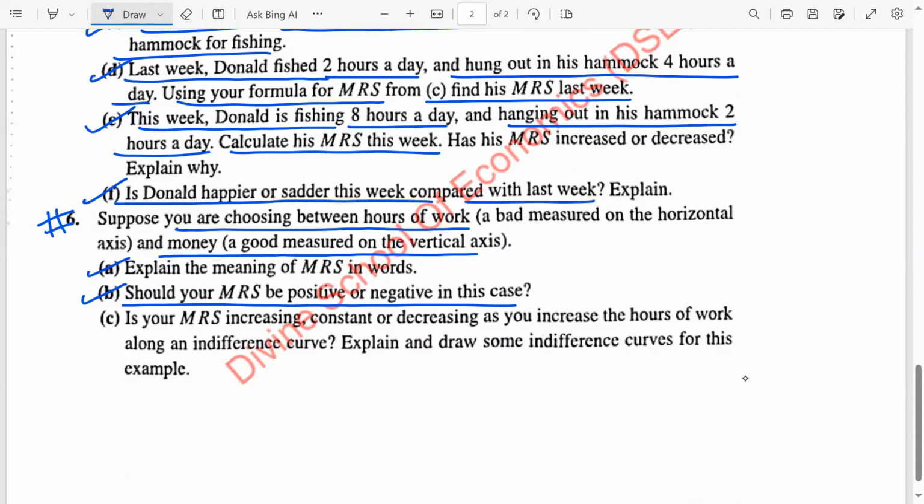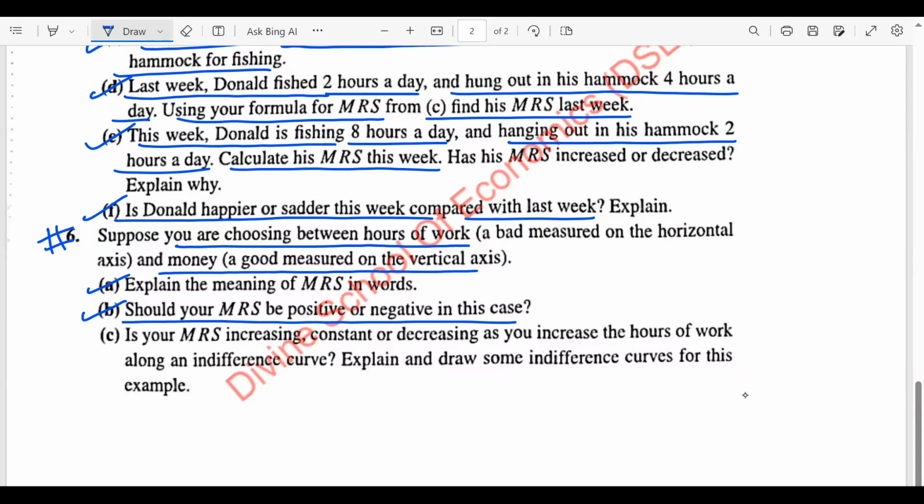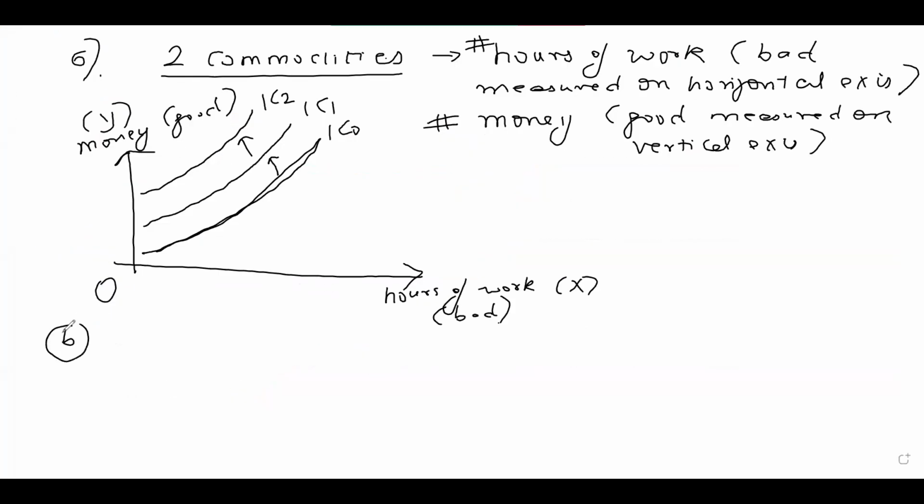So if I come back to the whiteboard, for a downward sloping indifference curve, MRS has a negative sign.